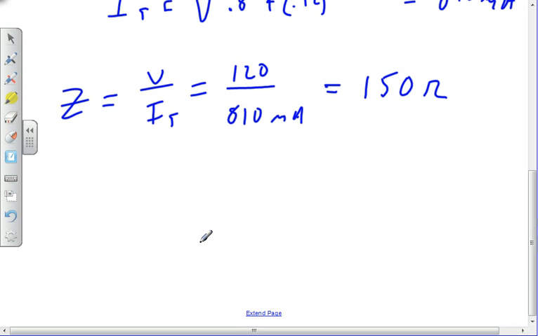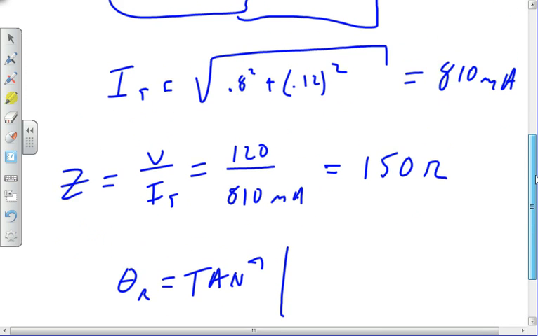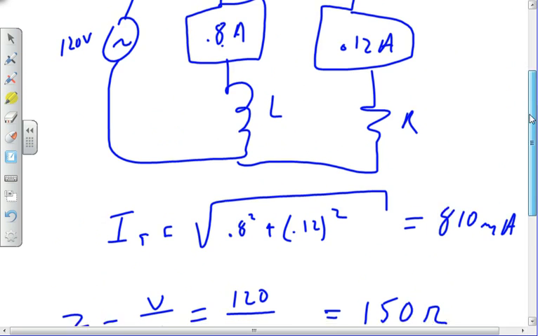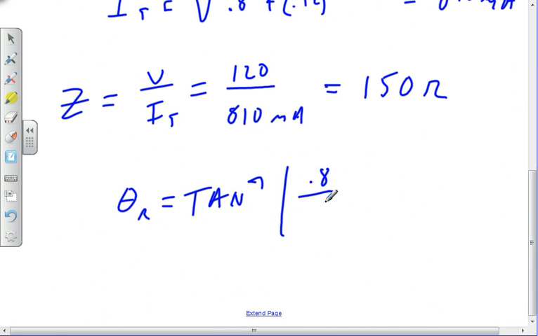I still need an angle. So my angle, as a reference angle, is the arc tangent of I sub L over the other current, 0.8 divided by 0.12, equals arc tangent.